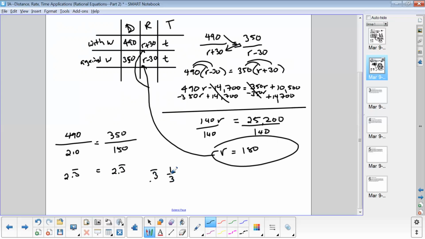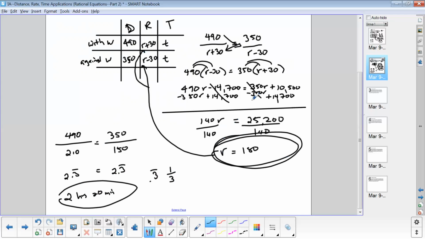So a third of an hour would be 20 minutes. So it takes about 2 hours and 20 minutes for the flight to go 490 miles with the wind of 30 miles an hour. But we were looking for the rate, and so the rate of the plane was 180.